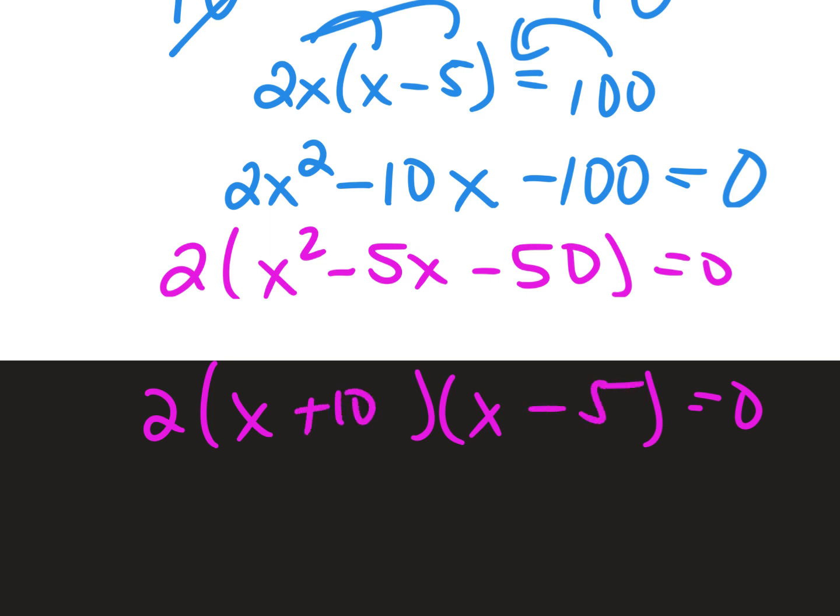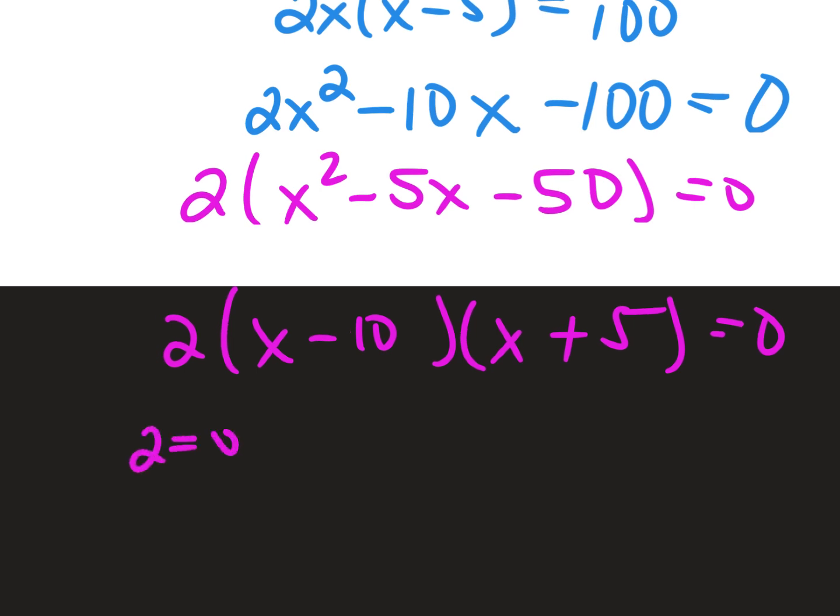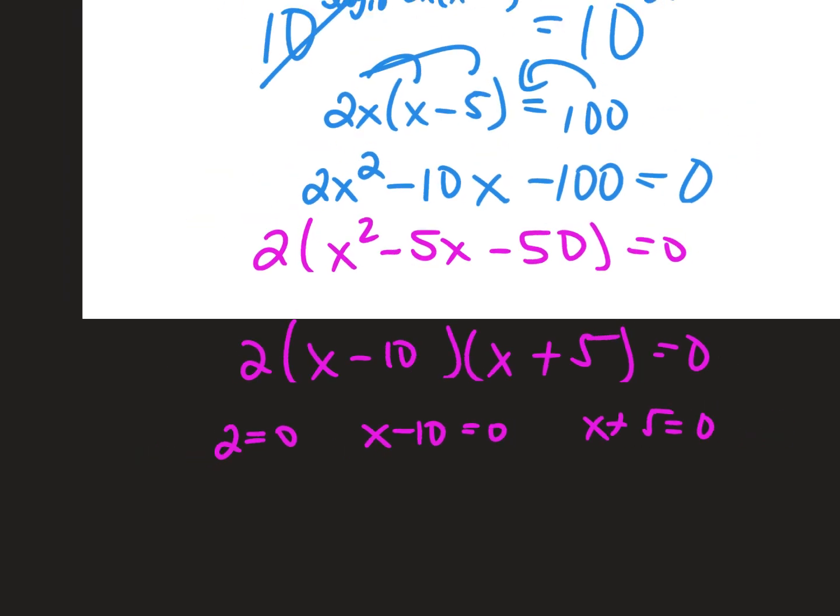Or minus 10 and plus 5? Minus 10 and plus 5, good. Just making sure y'all are with me. So now I set everything equal to 0. So 2 equals 0, x minus 10 equals 0, x plus 5 equals 0. How many answers should I have? 2. Does 2 ever equal 0? No, so you don't count that one. So I get here x equals 10 and x equals negative 5.